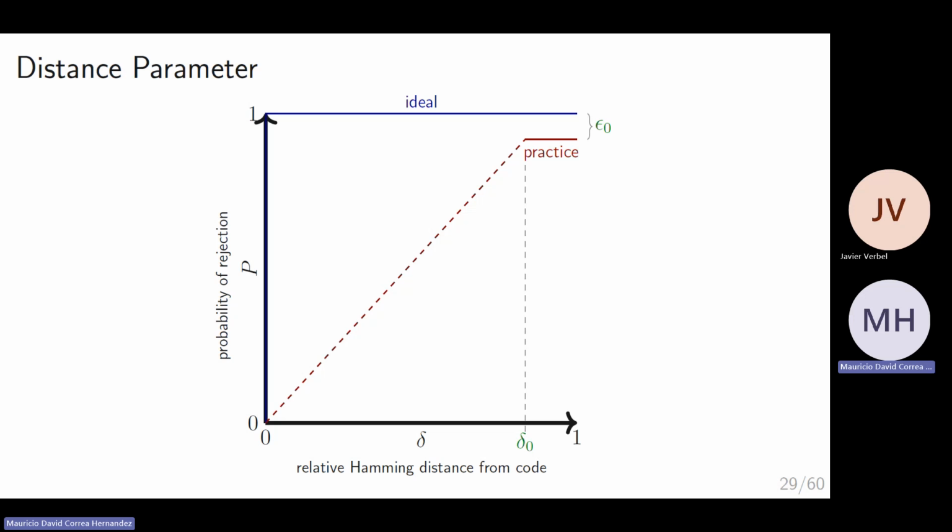Far from is defined in terms of relative Hamming distance. So you take the Hamming distance to the nearest code word, and you divide that Hamming distance by the length of the code word. You had a question. Please correct me if I use vocabulary wrong.